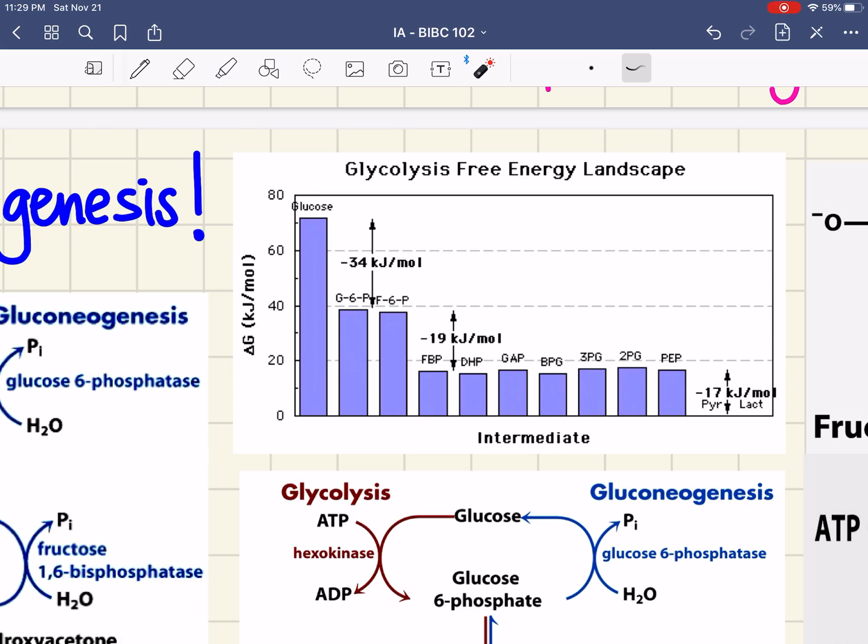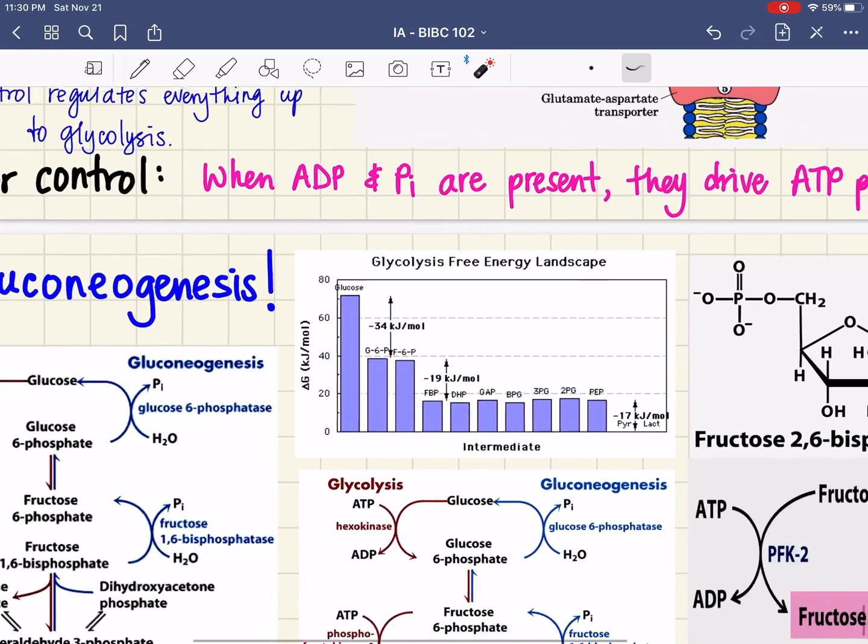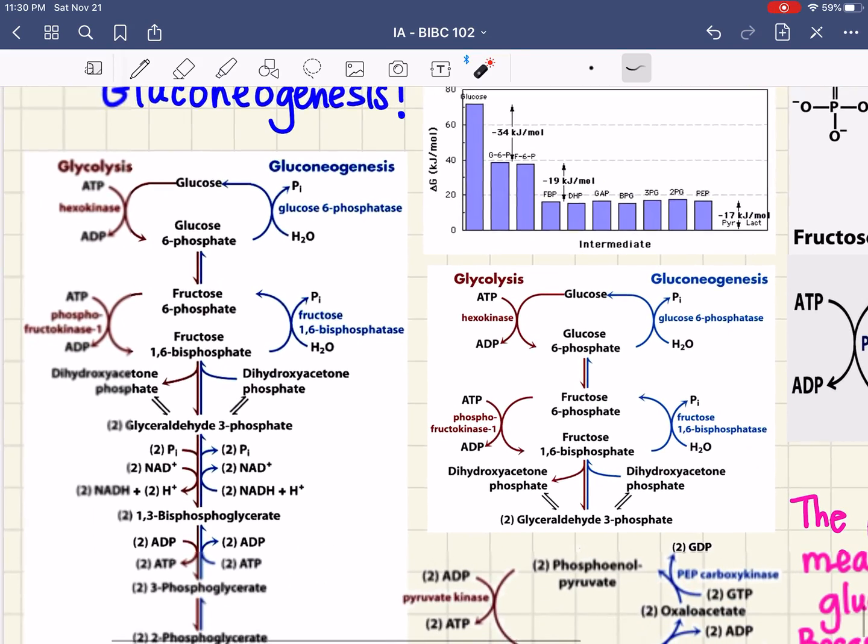Imagine if we say, well, now let's go back. This will not happen spontaneously. This is very non-spontaneous, because imagine we have to climb these big energy ladders, right? And that's just not energetically favorable, so it will be very endergonic.